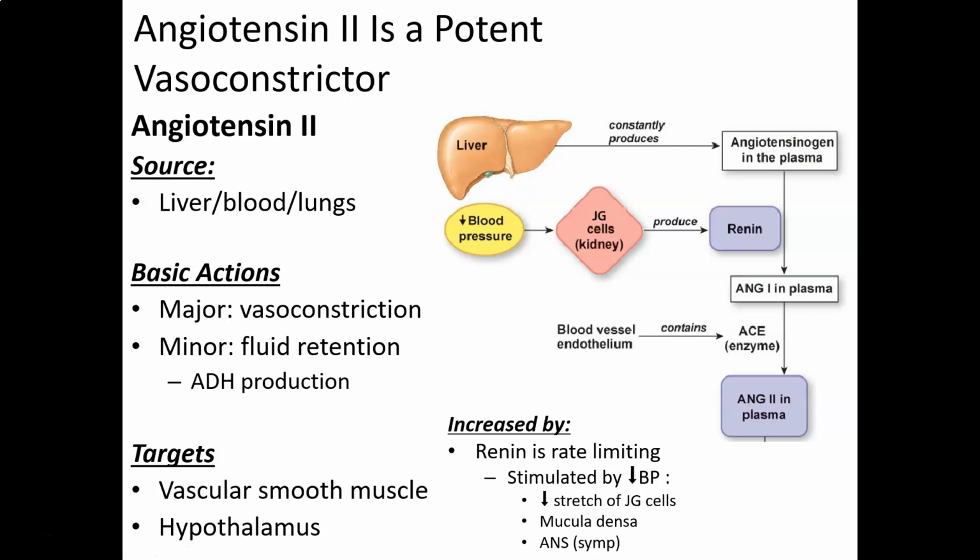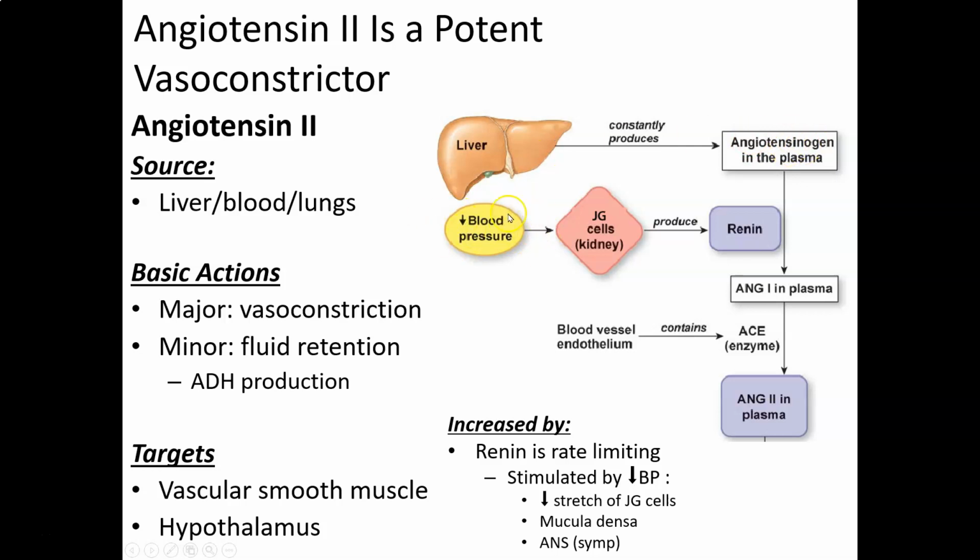Or sometimes we put the word pro in front of it, like proangiotensin. It just kind of depends on who you're talking to. Either one is appropriate, although some people prefer angiotensinogen more than proangiotensin. But they basically mean the same thing, an inactive form of this hormone. Okay, so our liver constantly produces it, sticks it into the plasma, and it's just floating around.